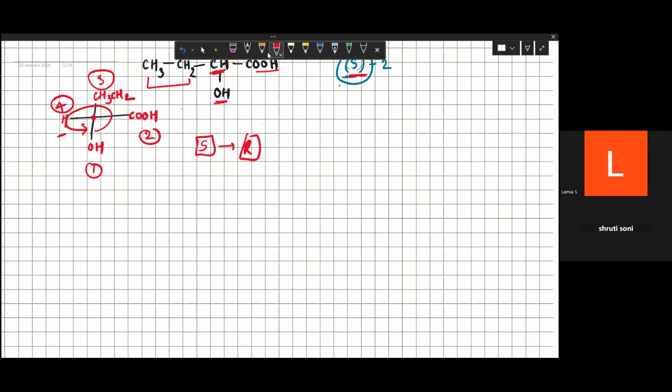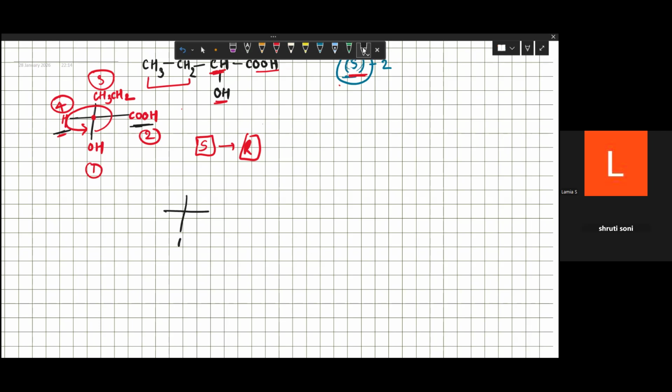No. So what I'm going to do is make a structure that has S configuration. How can I draw that? Can I switch the position of COOH and H?